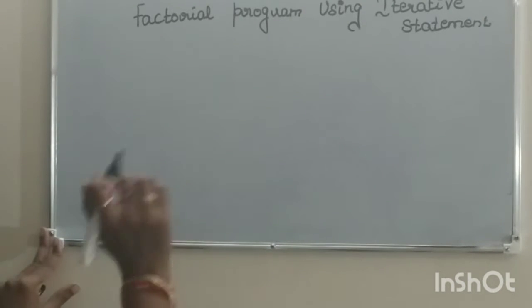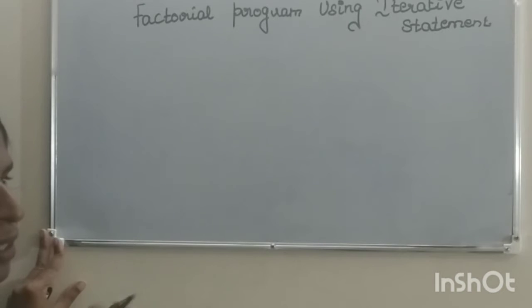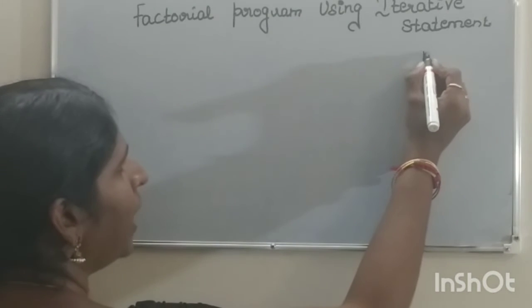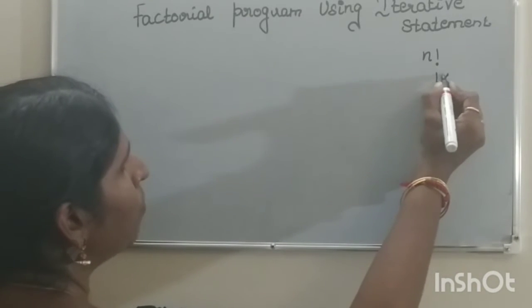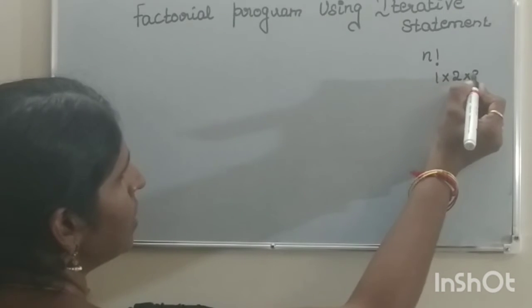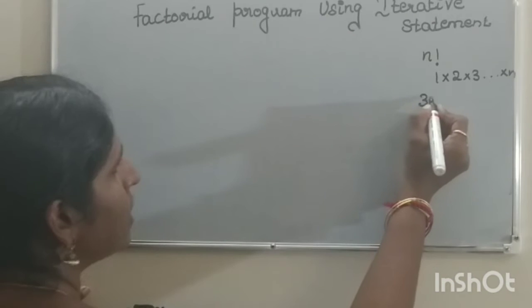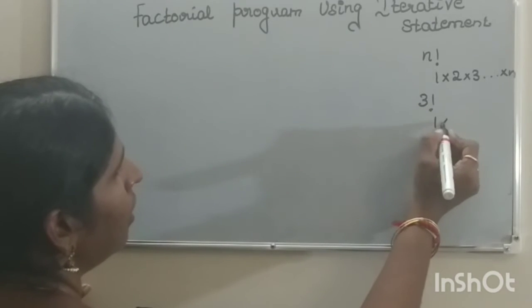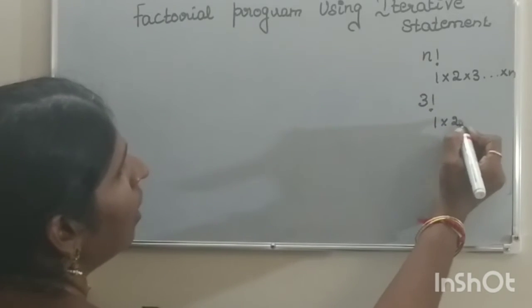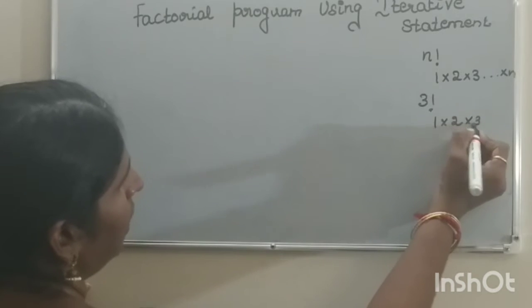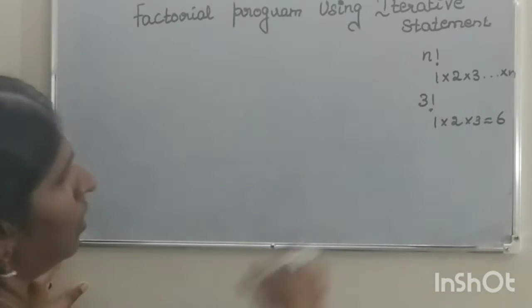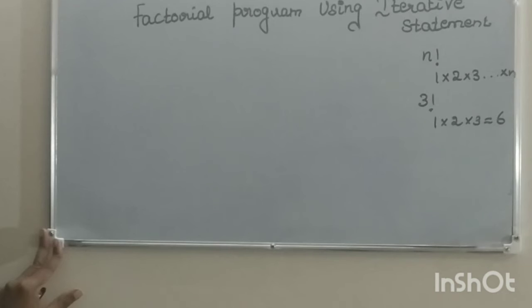We know what factorial is: the product of all the whole numbers. N factorial means you have to multiply all the whole numbers till n. If my value is 3 factorial, then it is represented as 1 into 2 into 3. The final answer is 6.